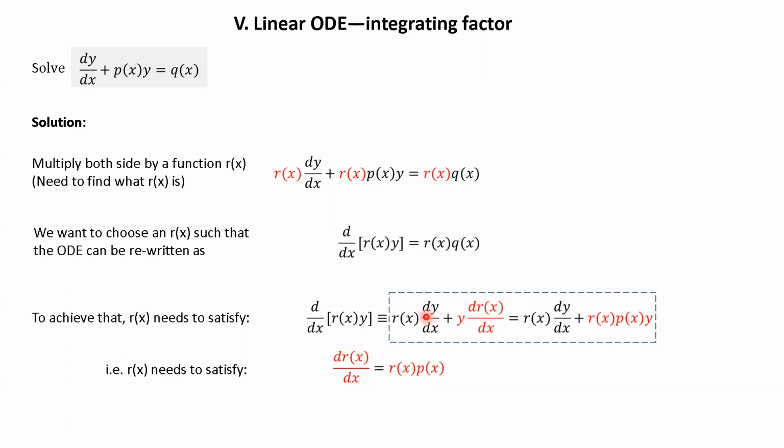The first term cancels with this one, but we still have this one and this one. So for this to be satisfied, we require this red term to be equal to this red term here. So now I have a new ODE for r of x.